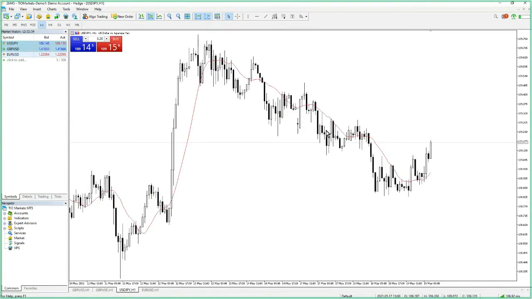So what's happening with this market? It's USD yen in 1 hour time frame. And if I'm looking at this, I'm seeing that the market was moving lower, making lower highs and lower lows. But now it seems to be gaining strength. Now it seems to be breaking out of this channel.